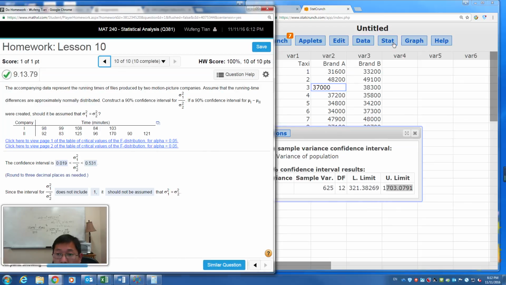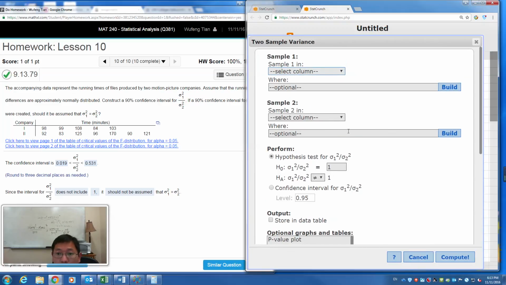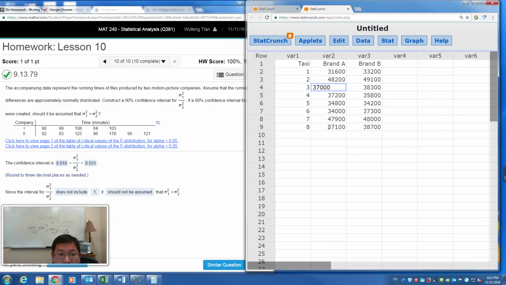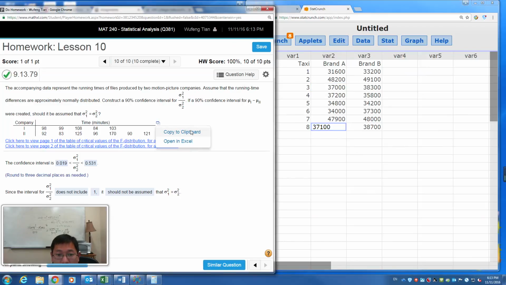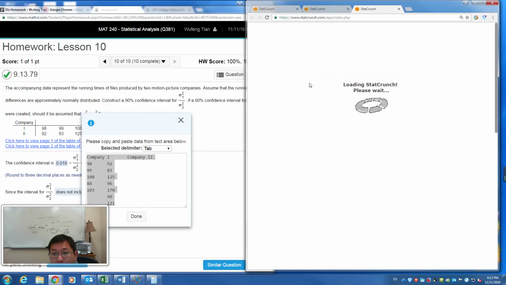The next one is the variance. Variance stats, 2 sample with data. Okay. So let me see. I don't have the data yet, so I have to copy that into here and copy this into the new stat table, new data table.